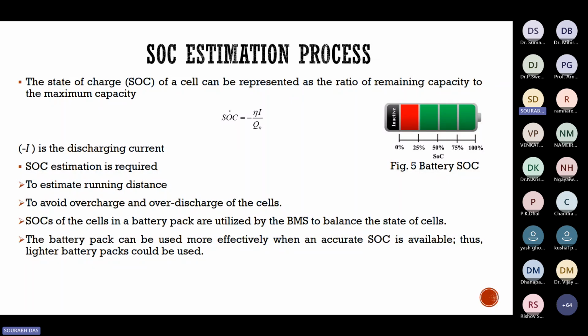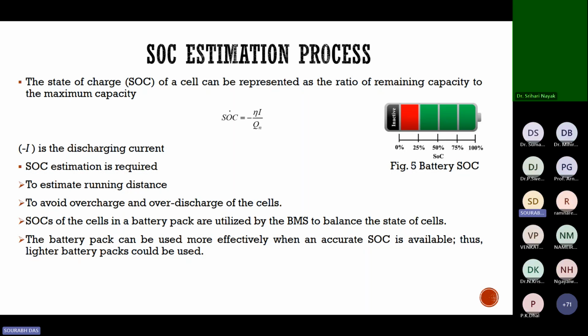Knowing the SOC helps predict how much distance or usage time is left before recharging is required. For example, in an EV, the driver can plan when we have to charge again.